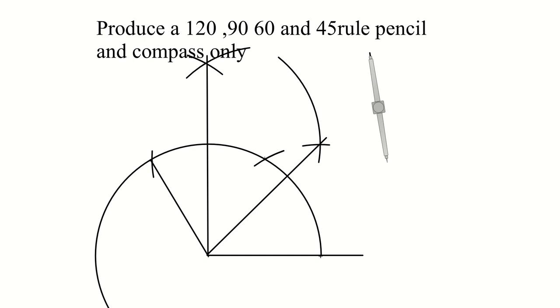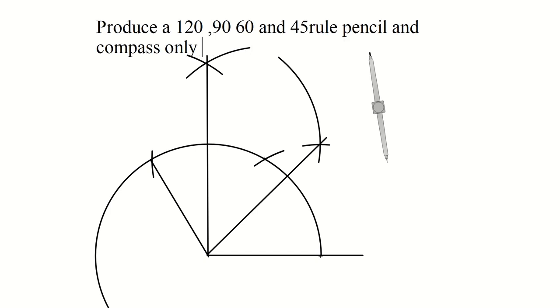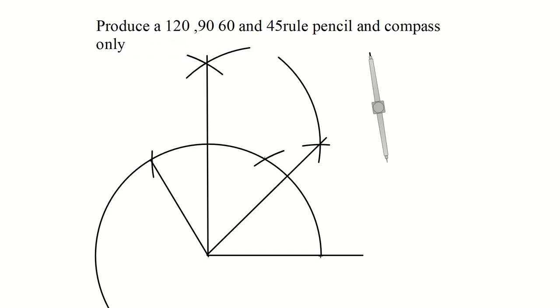Which is very important because they do want to see those lines. When they tell you to create an angle using a ruler, pencil, and compass only, they are looking for these arcs that I have created. If you think you're just going to use your protractor, you can use a protractor to check it over.